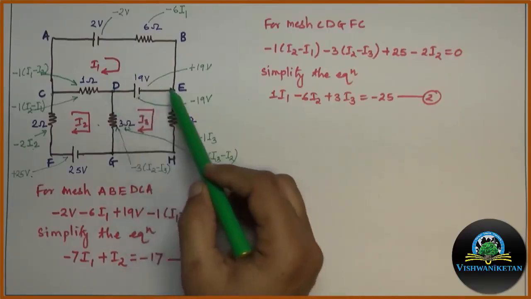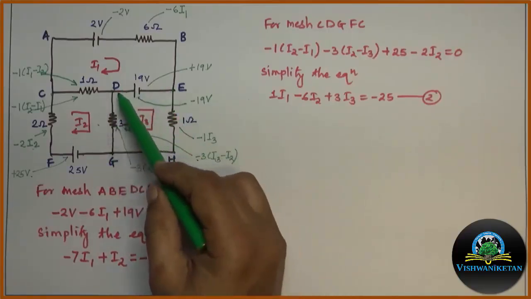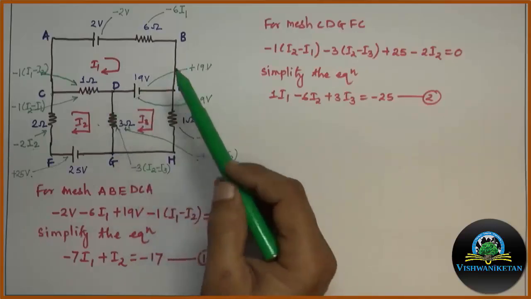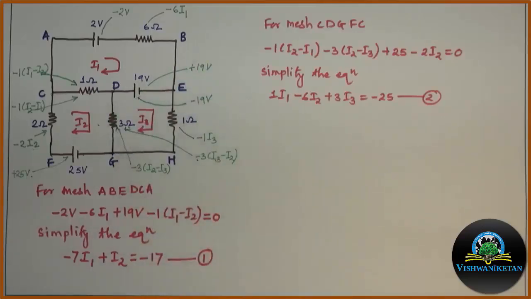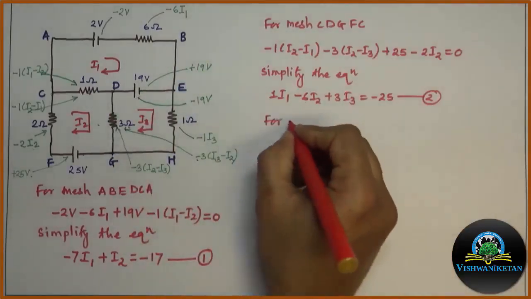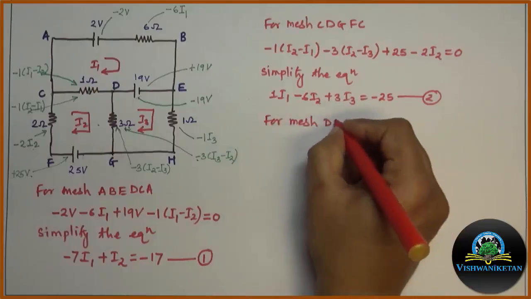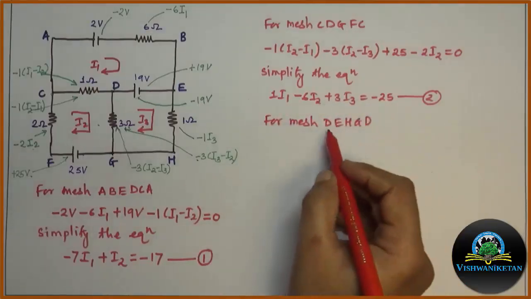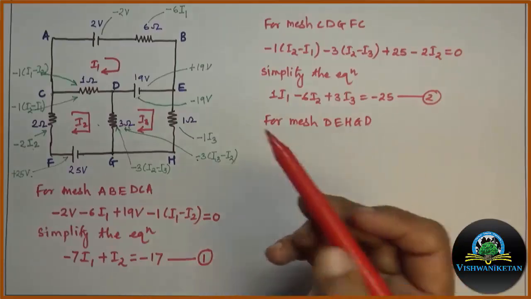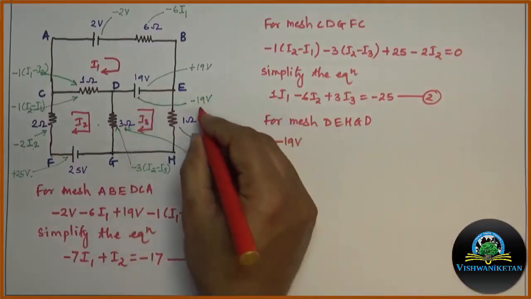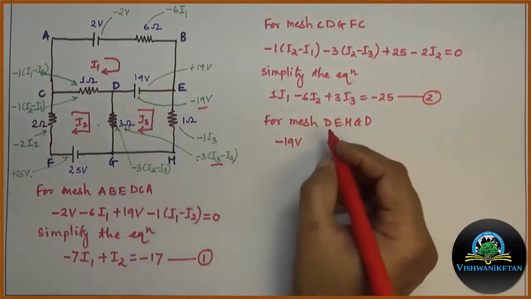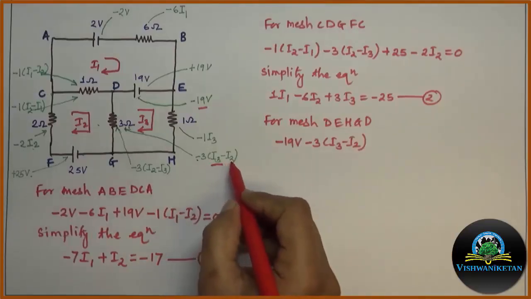Now for D, E, H, G, D, we got all the elements' voltage drops. So we will put them into the equation for loop D, E, H, G, D. The first element is minus 19 volt. Then next minus 3 (I3 minus I2).